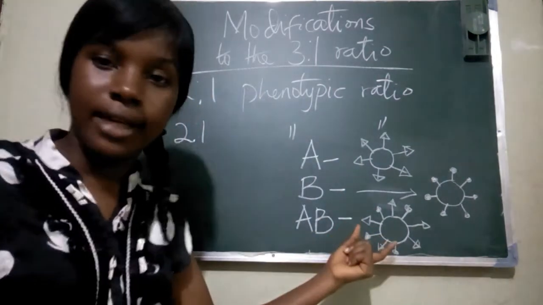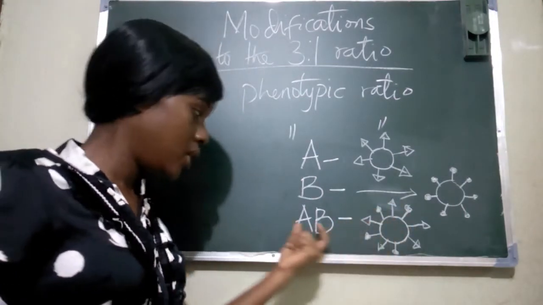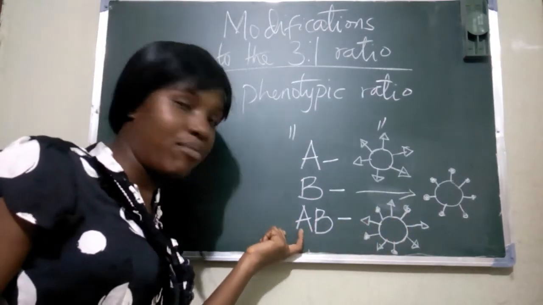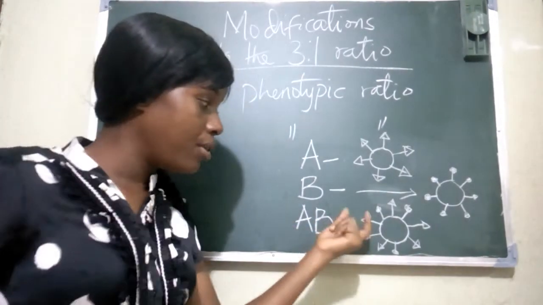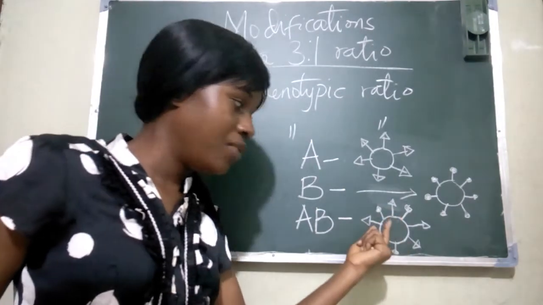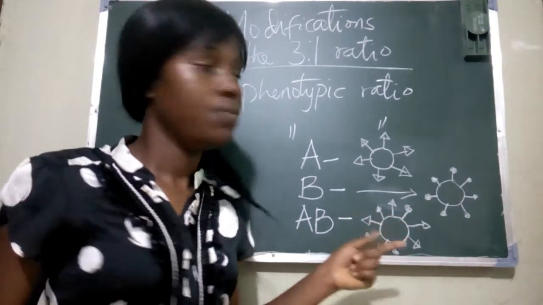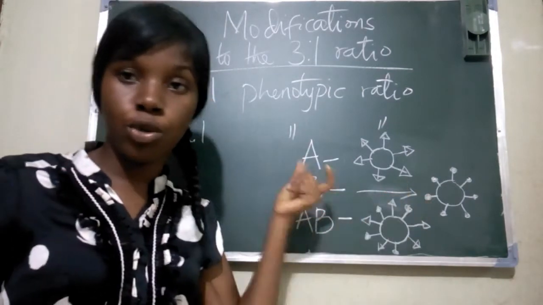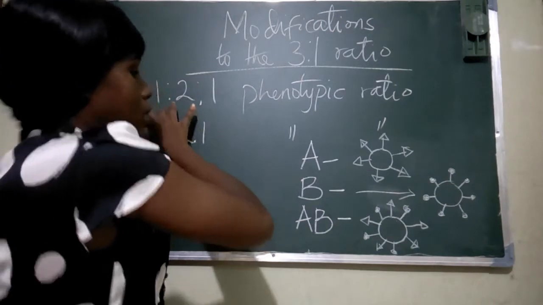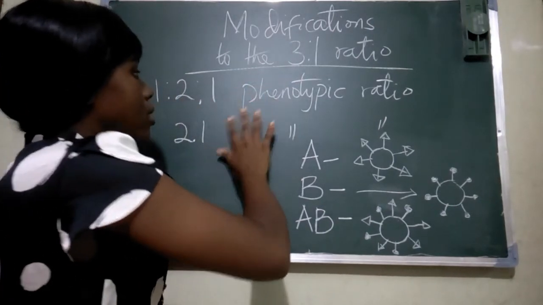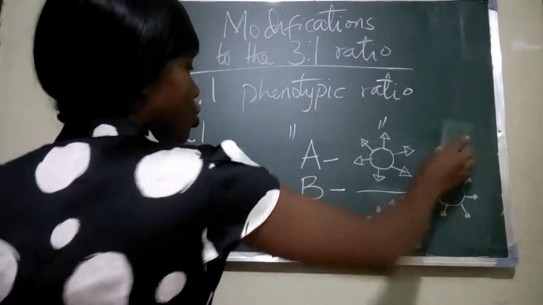So this shows you that they are both expressed, the allele for A-type blood and the allele for B-type blood. Both of them are expressed on the surface of this person's red blood cells. So this is where we have codominance. Now we are done with the 1:2:1 phenotypic ratio.